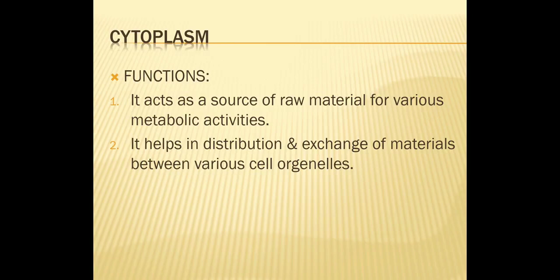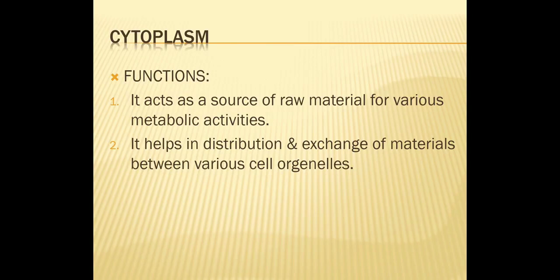It also helps in distribution and exchange of materials between various cell organelles. As I told you, these are done through the endomembrane system, that is the exchange or distribution of material.